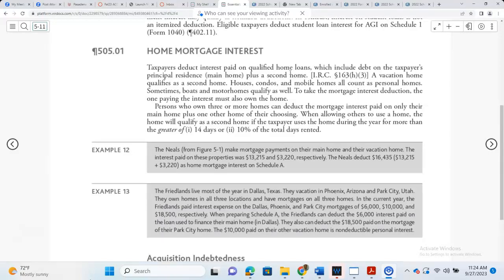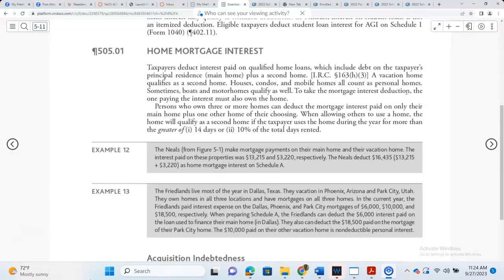The second home might be a vacation home, maybe a mobile home like an RV, as a personal home. Sometimes boats and motor homes qualify as well.